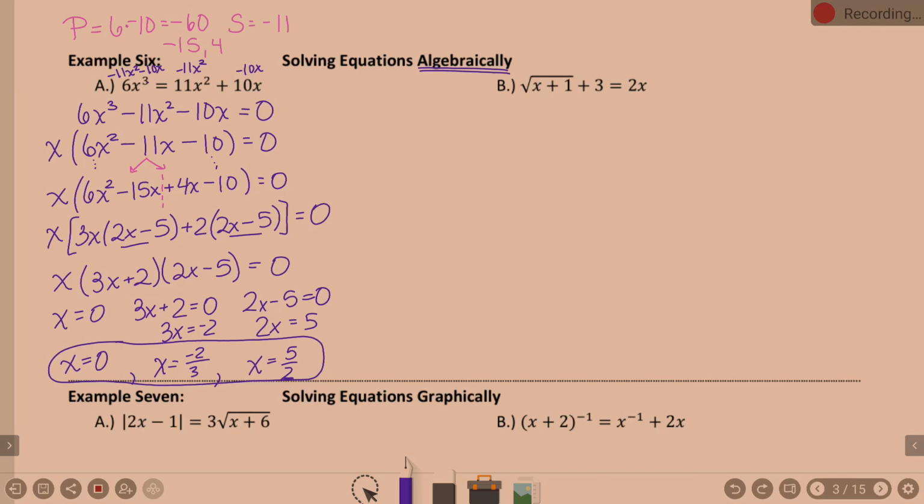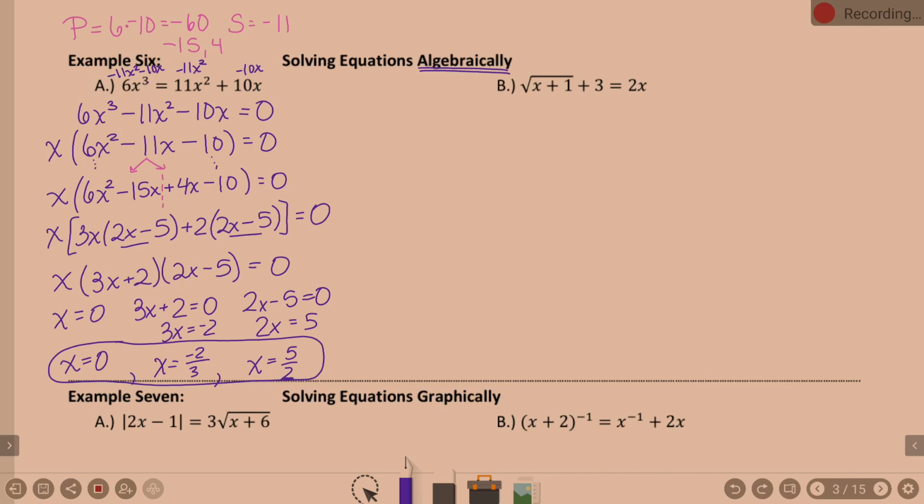Putting it all together. Okay, well let's try B then. Square root of x plus 1, plus 3, equals 2x. Where to start? What do we remember? You need to get the square root by itself, so you can square it.